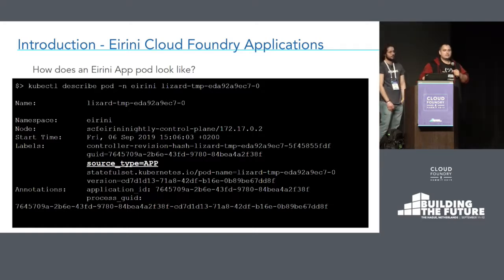This is a special label that Eirini adds to all application pods. And this is the label that we look for when we decide if we want to mutate something or not. So using the mutating webhooks and using these special identifiers, the namespace of the app, and this special label, we can particularly identify which pods are actually created by Eirini, and then we can mutate them to do various cool things.